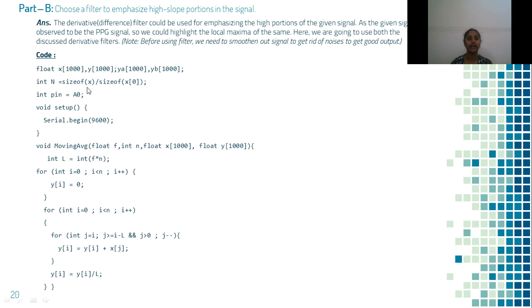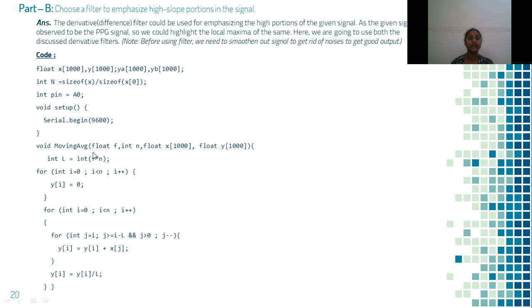We'll have to calculate the size of the input array, and we have to initialize pin A0 to get the PPG signal, and the Arduino will be communicating with the system at a baud rate of 9600.